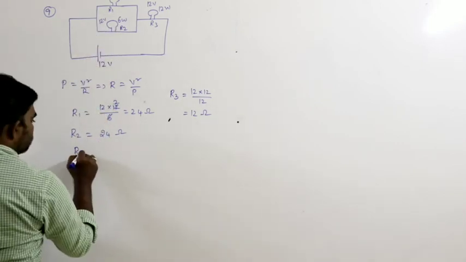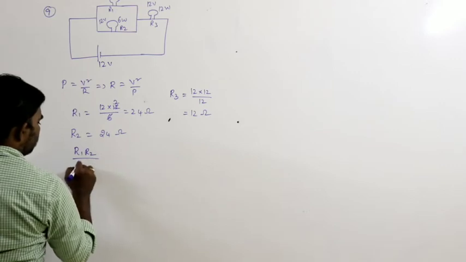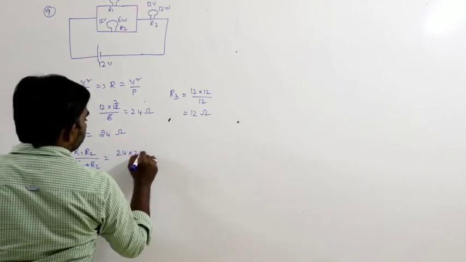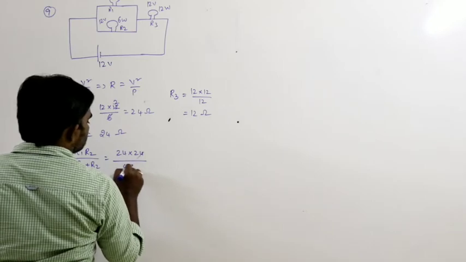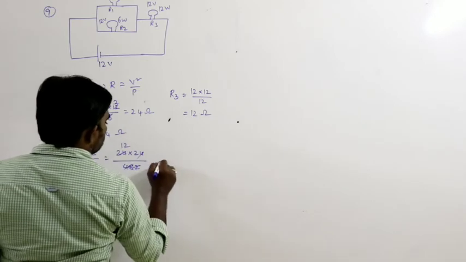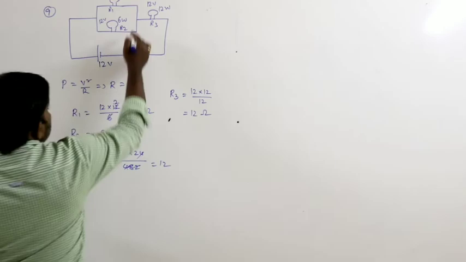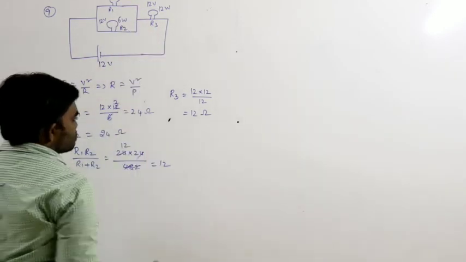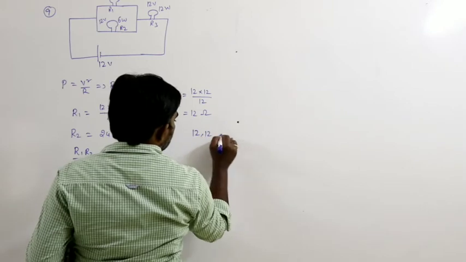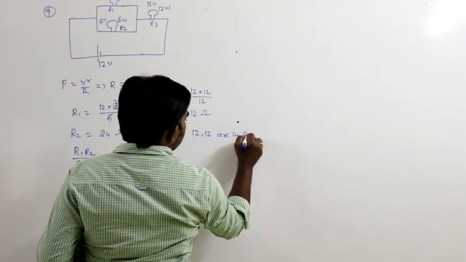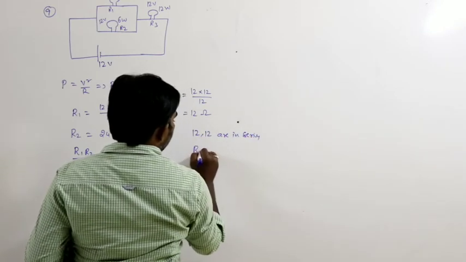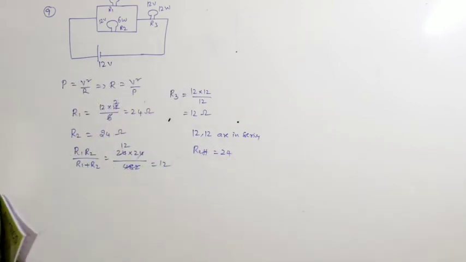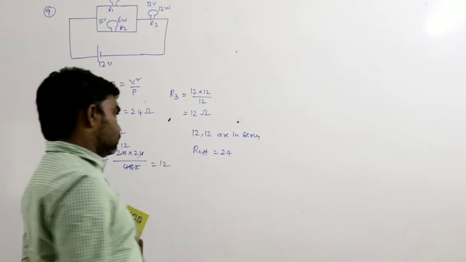So R effective is R1 R2 by R1 plus R2, that is 24 into 24 divided by 48, that is 12 only. This effective is 12 and this R3 is also 12. These 12 and 12 are in series. So R effective of the system is 24.